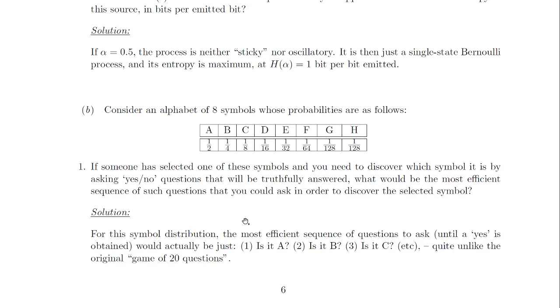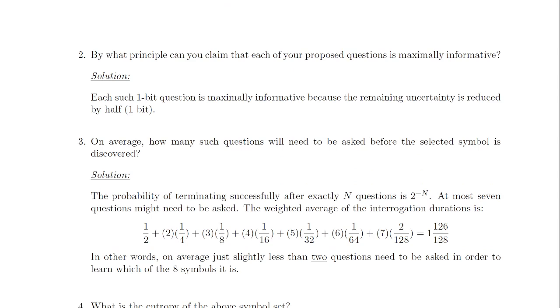And that's why in some cases you could finish the game with just 3 questions if one of the earlier letters was chosen with higher probabilities. Then a very small number of questions would resolve the uncertainty completely. And so this is again the foundation of the source coding theorem. And it's just interesting to see that here what looked like initially a dumb strategy is actually the best possible strategy if this is the probability distribution in question.